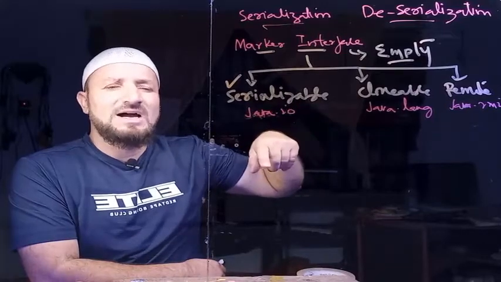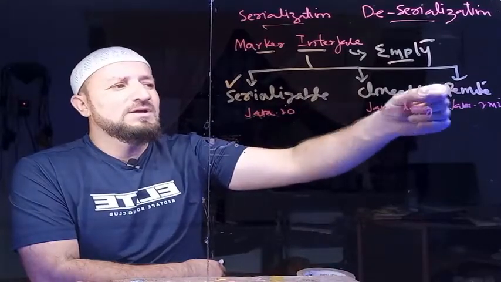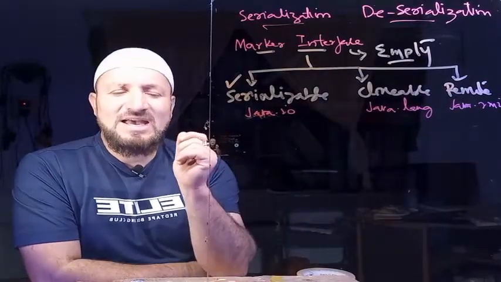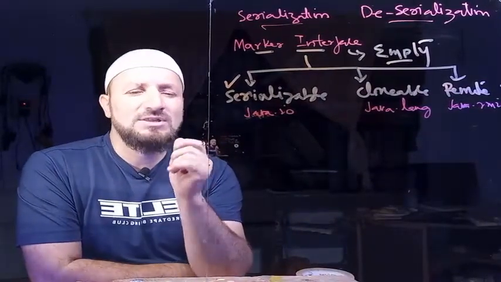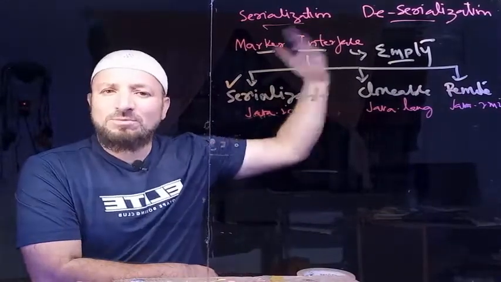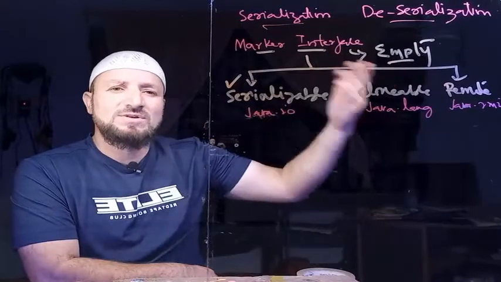So access will be denied. But if you implement this, the JVM has an extra piece of knowledge that this class can be accessed from a remote computer. So now the permission is granted.